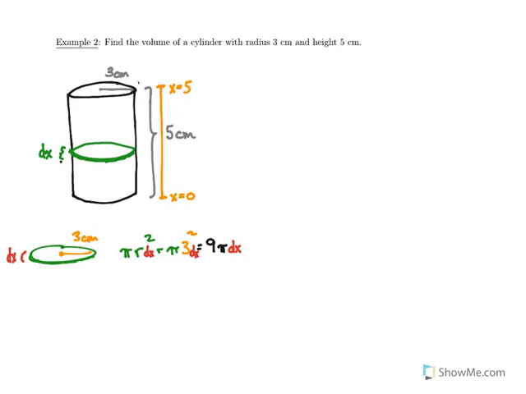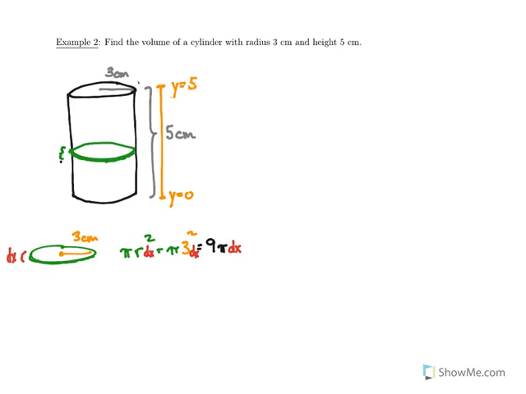And maybe this is a good time to think about that we don't actually need to call this x. We could call this instead y equals 0, all the way to y equals 5 since we're going up, or maybe we could even call it h equals 0 and all the way to h equals 5 since we're talking about height. In this case, let's look at y equals 0 all the way to y equals 5.